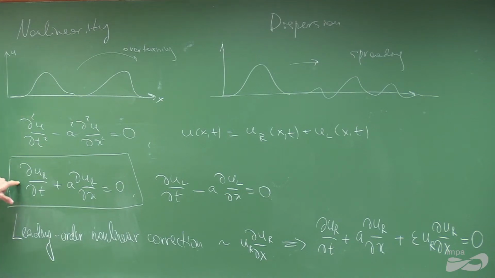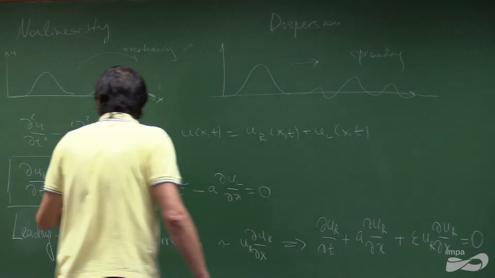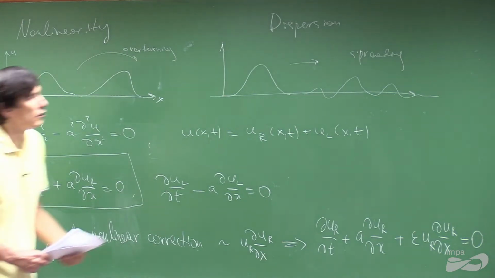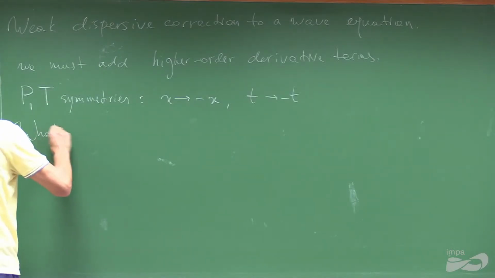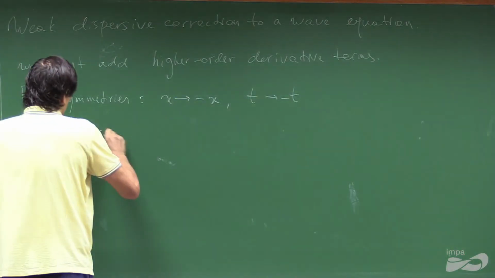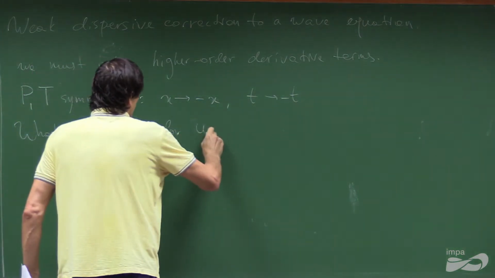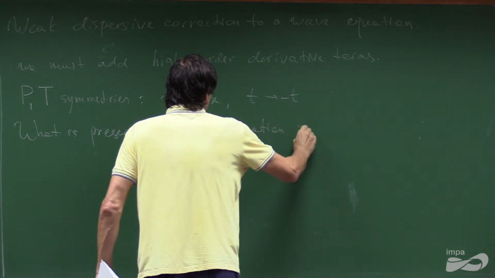You change sign here, it gives you minus. So we don't have P and T symmetries separately for the equation of our right-going wave, but what is preserved for the right-going wave equation is a PT symmetry.